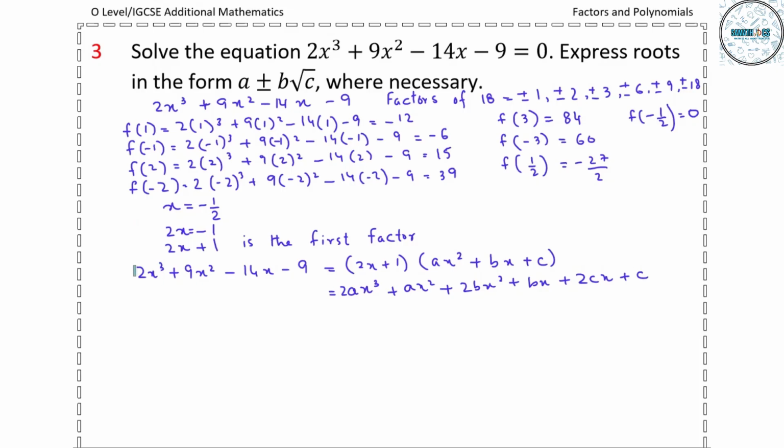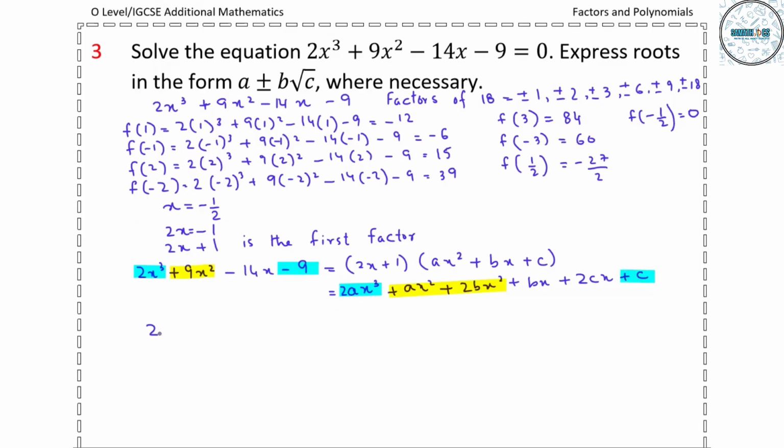Now we will equate the terms in x cubed, the terms in x squared, and the constant terms.